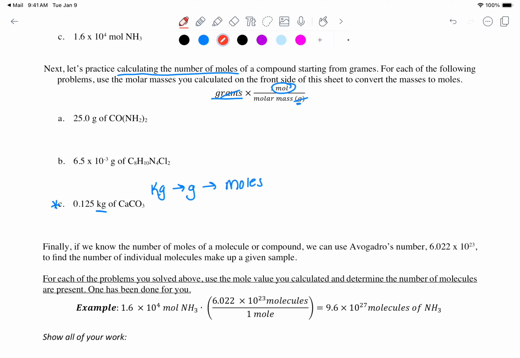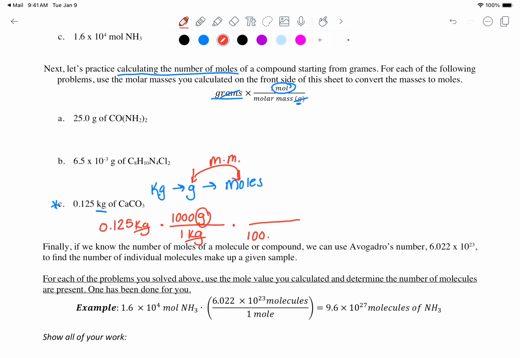So we are going to start with 0.125 kilograms. We're going to convert that to grams using our prefix conversion factor, where there are 1,000 grams in 1 kilogram. That's going to cancel out our kilograms, and now we're in grams. Now to go from grams to moles, we need to use our molar mass. Our molar mass of CaCO3 from our previous page was 100.09 grams.